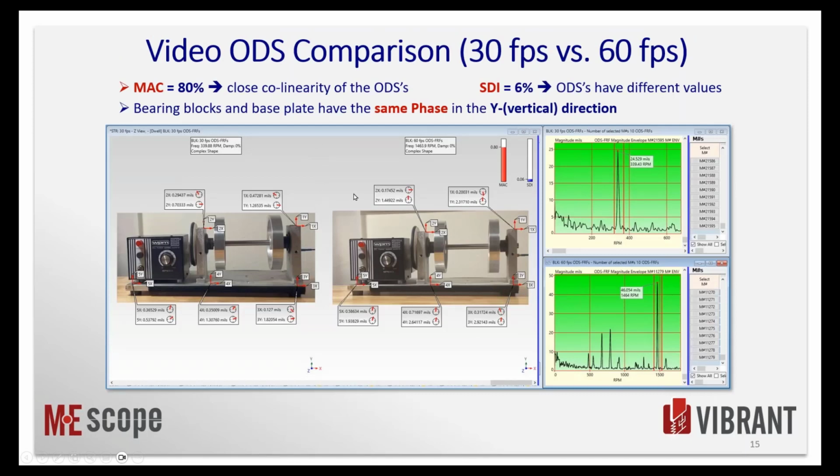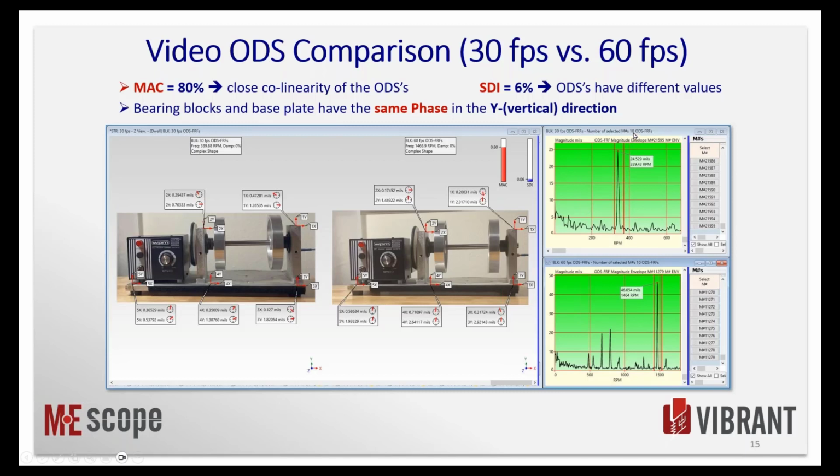Okay, we're going to go look at this in MEscope in a minute, but here's something to talk about. Here's what we call an animation of a pair from two sources. Over on the right, we've got two ODS-FRFs. Here's one from the 30 FPS video, and there are 10 of them in there, and they're selected.